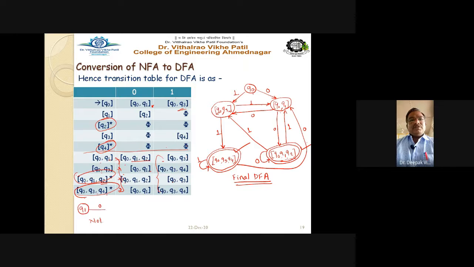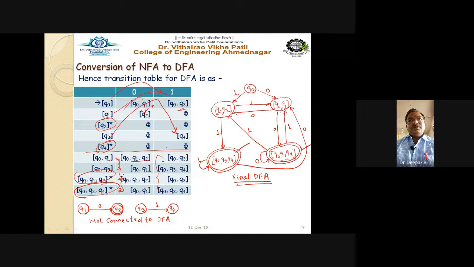And the remaining transitions, what about them? The transitions which are not connected to your DFA, that is Q1 on 0 go to Q2, and Q3 on 1 go to Q4.